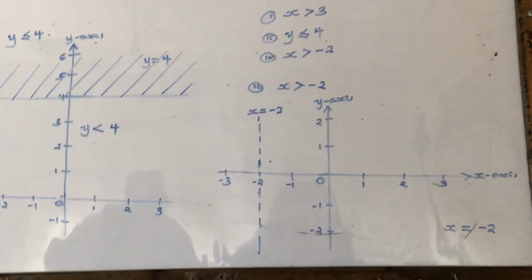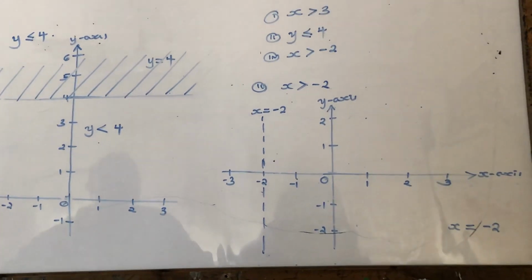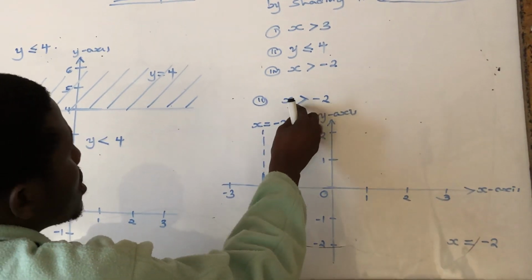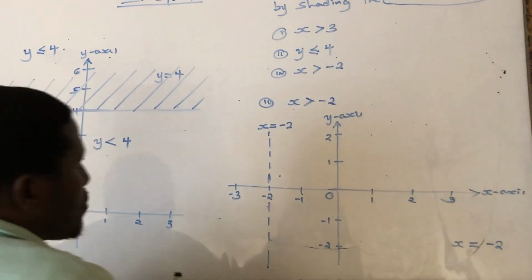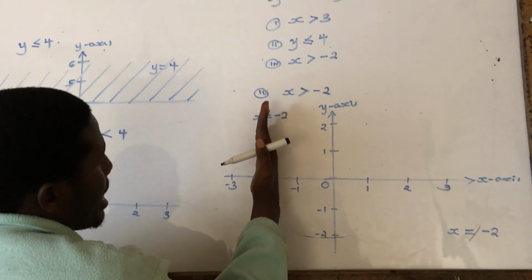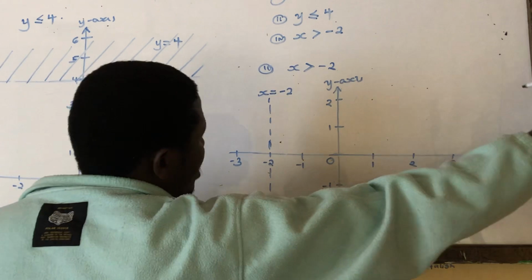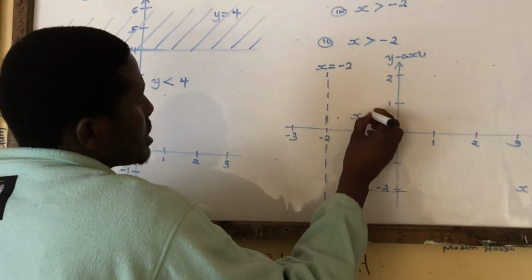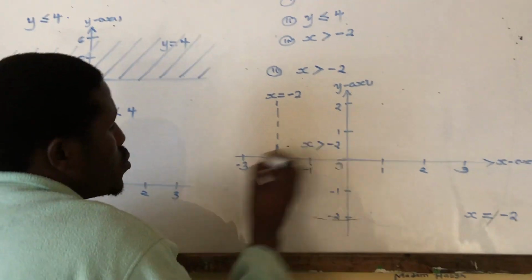We will then ask ourselves, which is the region where x is greater than -2? It is the region from the line to the right hand side. This is the region where x is greater than -2.